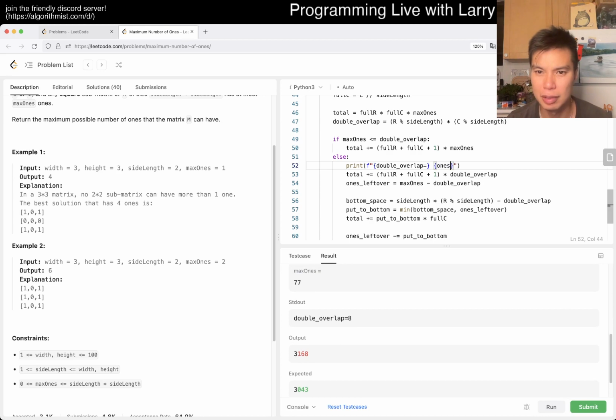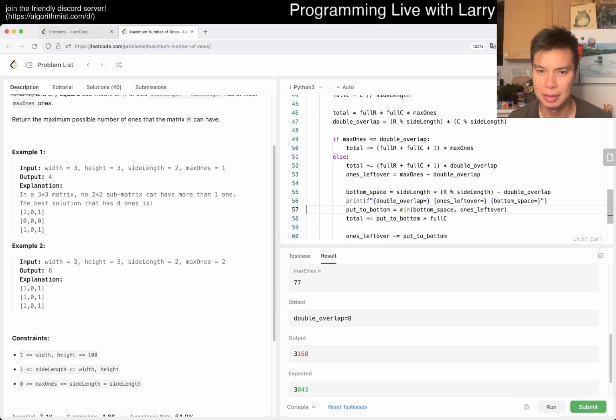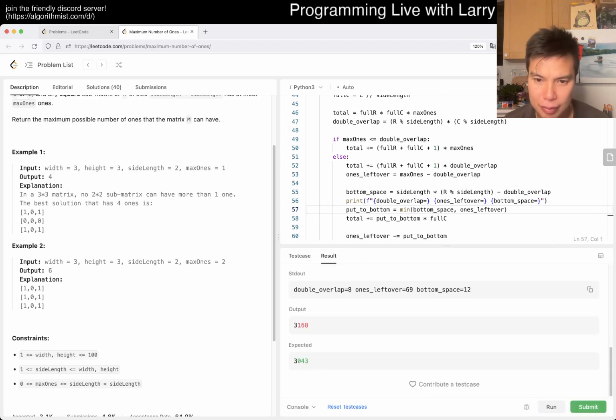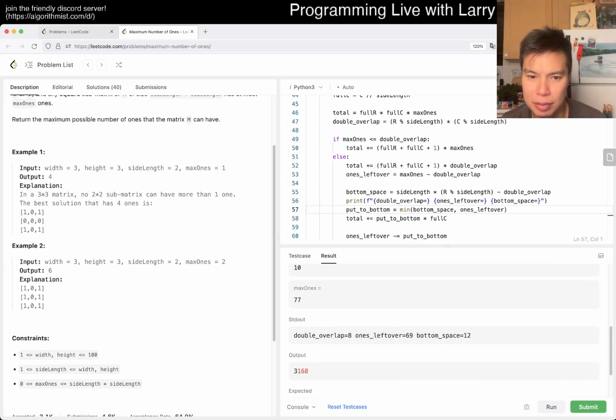And one's left over. Bottom space maybe. Let's start with that and then we'll see. So bottom space is 12.